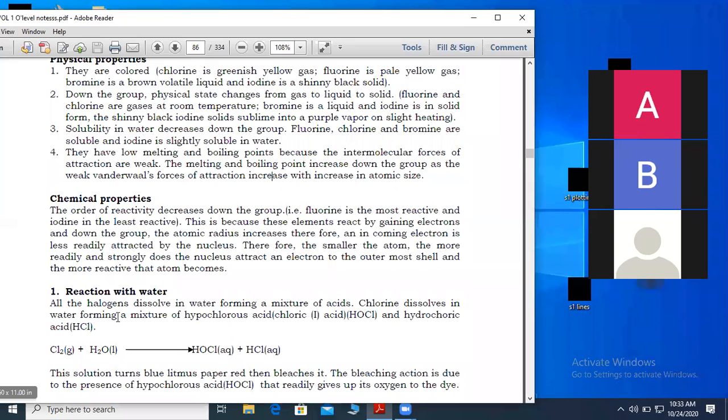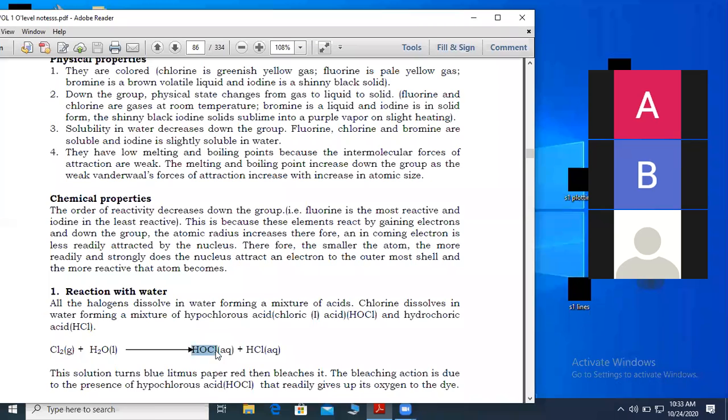Reaction with water. All halogens dissolve in water, forming a mixture of acids. When chlorine dissolves in water, it forms two acids. One acid is hydrochloric acid, and the other acid is hypochlorous acid.